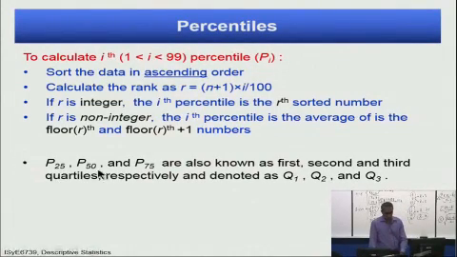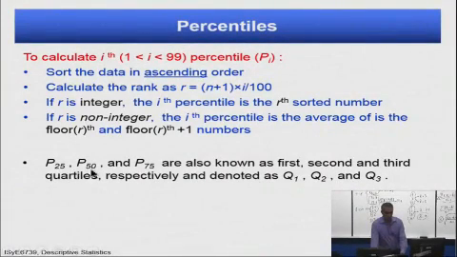There are 3 percentiles which are very important for us: 25th, 50th, and 75th. Do you know what the 50th percentile is called? Median. That's exactly the median. There are also quartiles which are important.